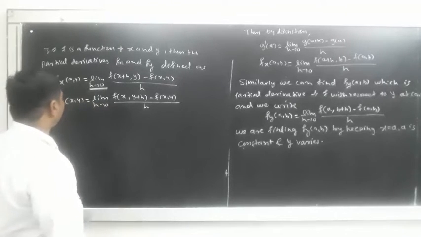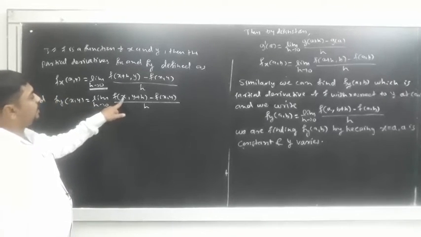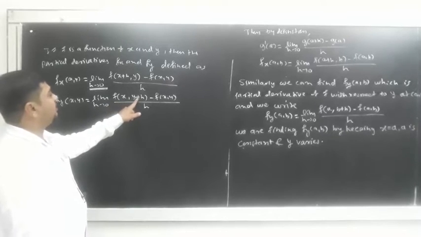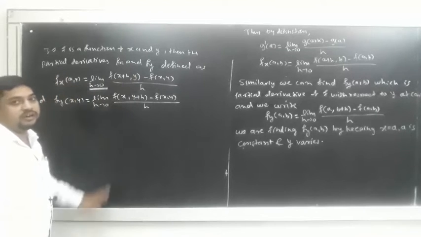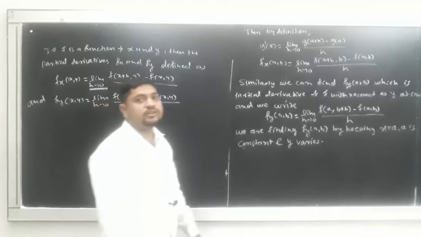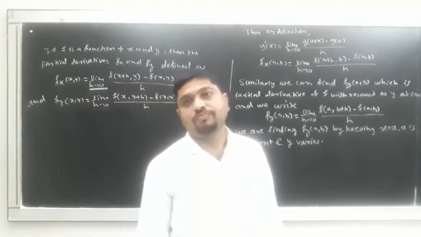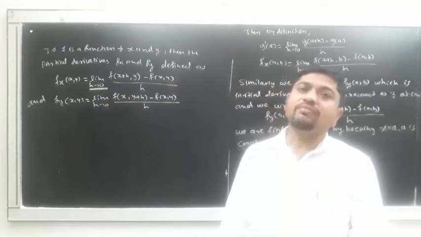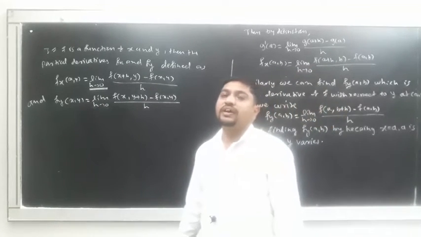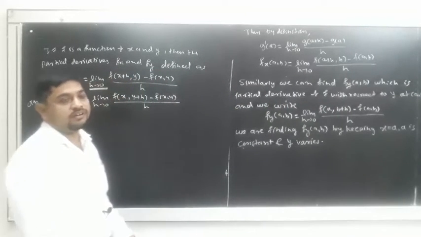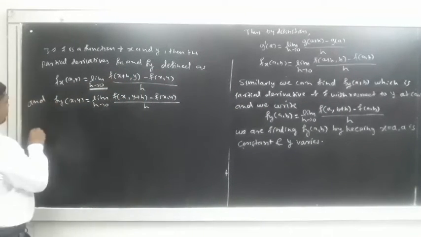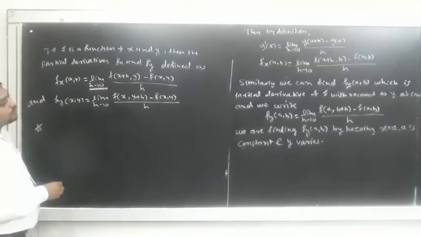So h tends to 0, here change in y, here change in x. So this is the partial derivatives of a function of two variables. Similarly, we can find the partial derivatives of a function of three variables.